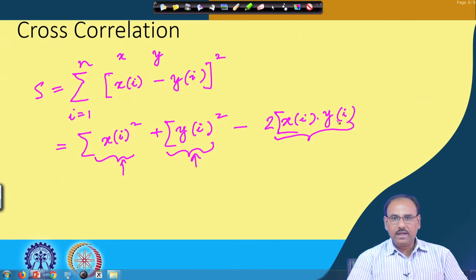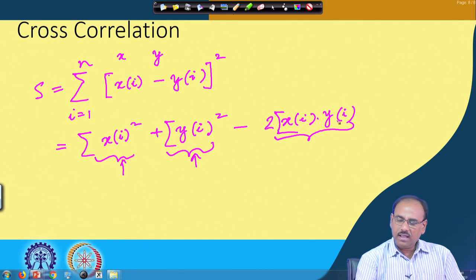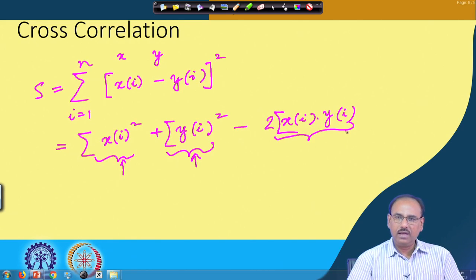So that clearly indicates that if x and y are similar, then the sum of x_i into y_i will be large. Whereas if the signals are widely different, then obviously s has to be very high. If s is high, that is, the sum of squared error is high, then the summation of x_i into y_i over i has to be low.